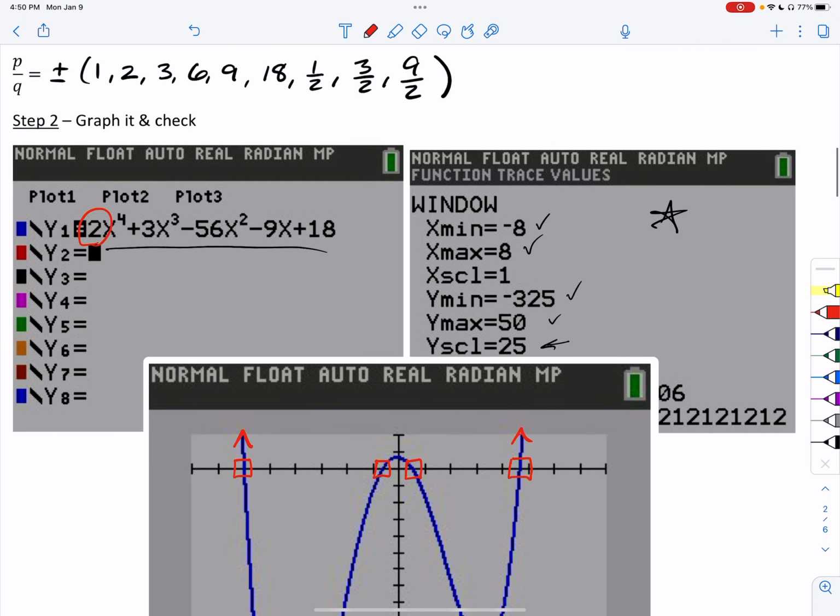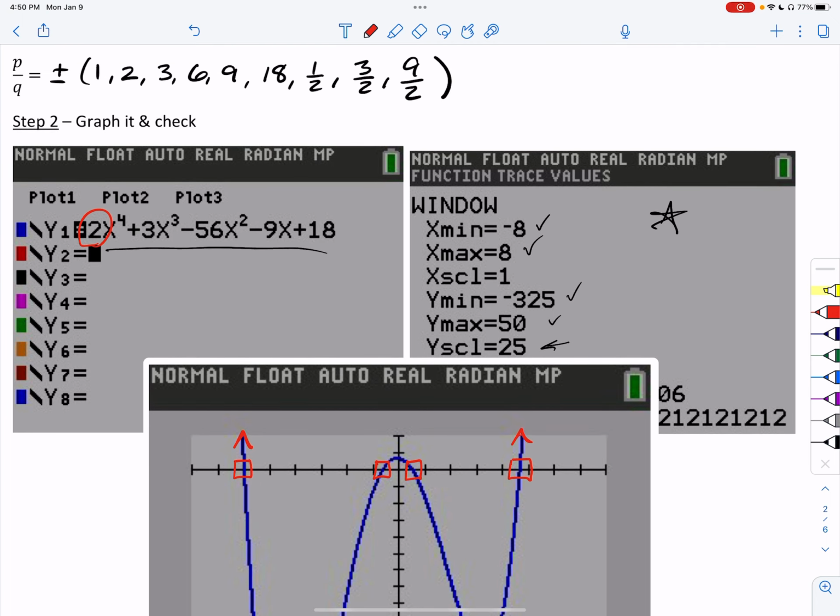So I'm considering my list of values that we found in step 1, and which of those look like they're worth tracing. I can see right here on the left, it appears to be -6. So down below here, you'll see me trace to -6 and confirm that. And the other one, I believe, is +1/2. Trace to +1/2, that should trace out as well.